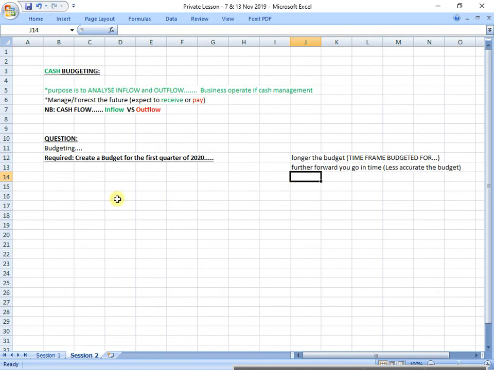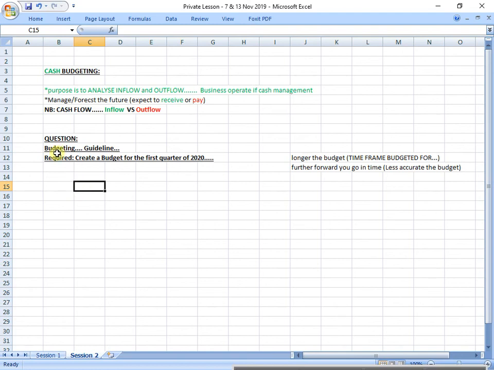A budget, remember, is never accurate. With budgeting, it's just a guideline. It's a guideline in terms of spending, in terms of income, in terms of running the business: what do we have to spend our money on, and where we're going to get the money to pay for it.